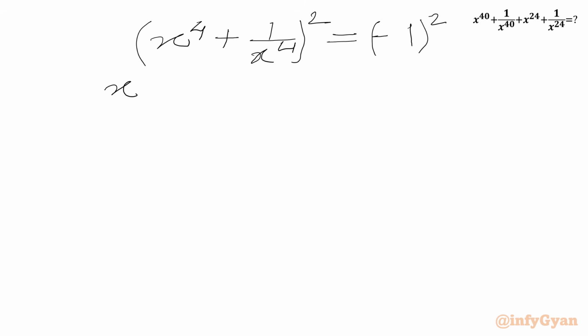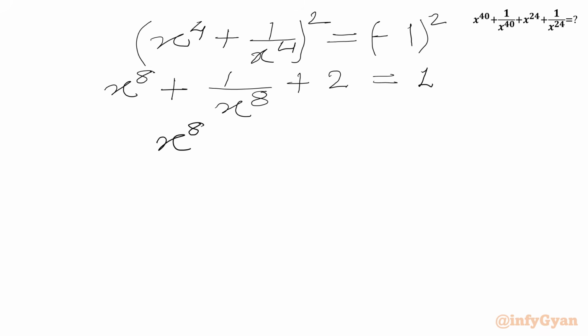We will get x power 8 plus 1 over x power 8 plus 2 equal to negative 1 whole square, which will be 1. Now we'll be subtracting 2 from both the sides to get the value of x power 8 plus 1 over x power 8, which will be equal to negative 1.